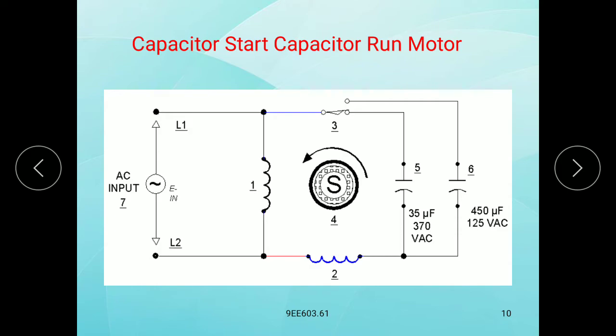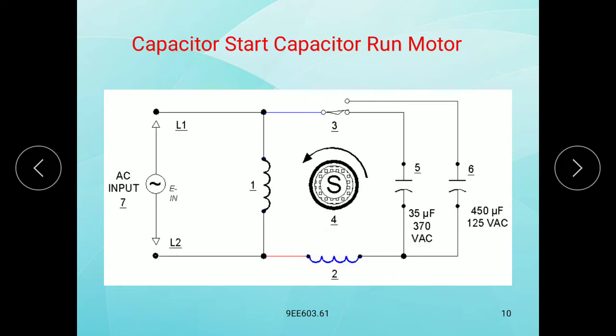Here is the supply L1, L2, this is the input, this is a schematic diagram. This winding is the main winding, and this is the auxiliary or starting winding.